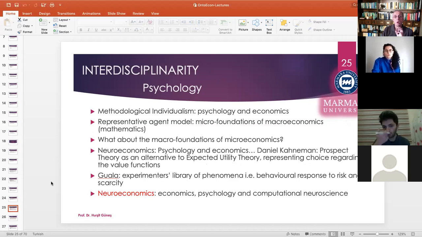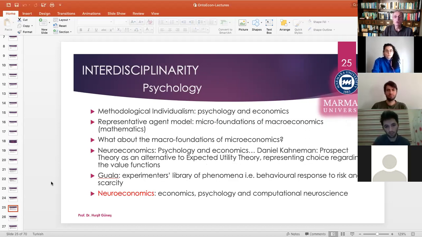Now, methodological individualism is about psychology and economics. If you believe in methodological individualism, that means that economics has nothing to do with psychology. Then you divorce them, yes. Otherwise, you believe that there is an interrelationship. The two overlap, not always, but in a lot of cases.